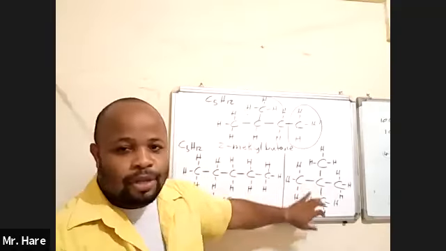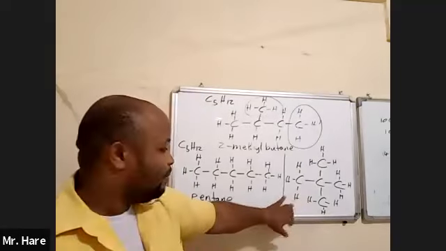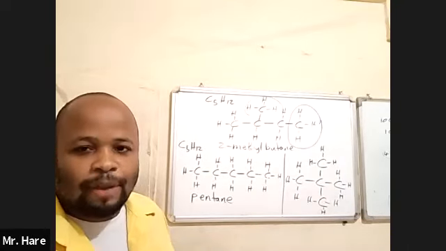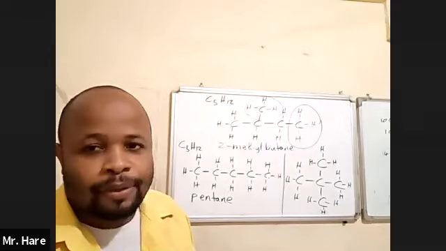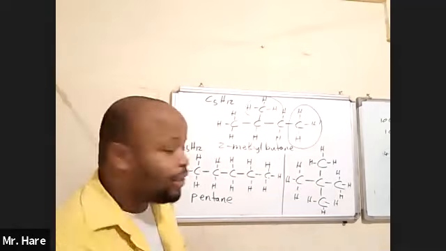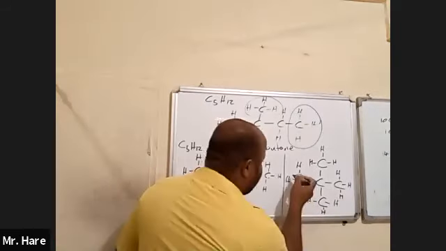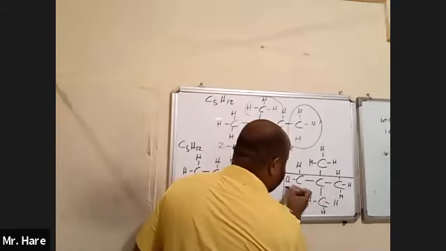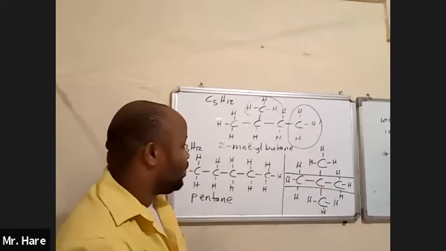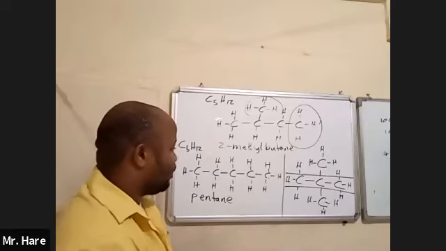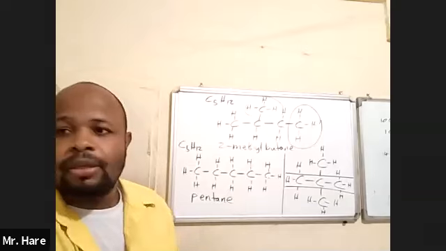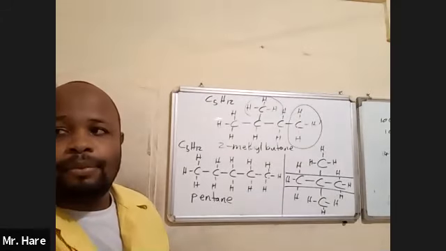So can anybody tell me the name of this structure here? 2-dimethyl propane. That is correct. So the main chain has 3 carbons, right? Once you see 3 carbons, we know that is propane. I'm going to erase pentane so that I can write the name.